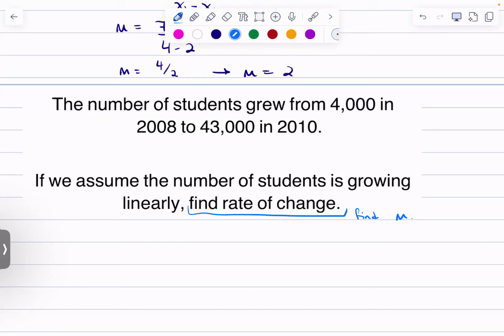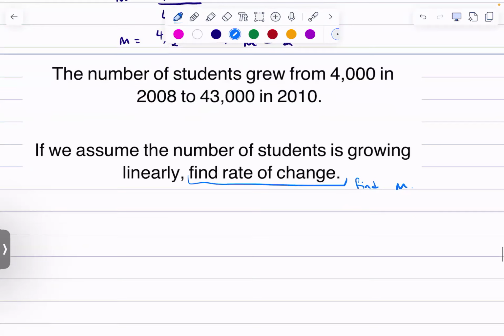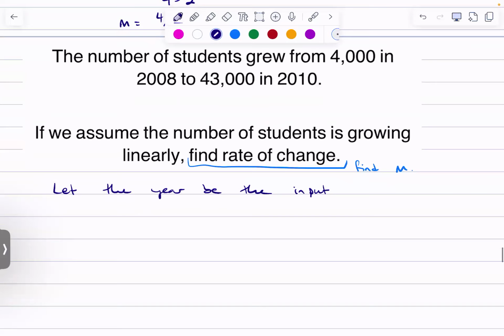I think it will be cleaner to use the year as my input, and then it tells me how many students there were. So first thing I'm going to do is let the year be the input, which means that X is the year.